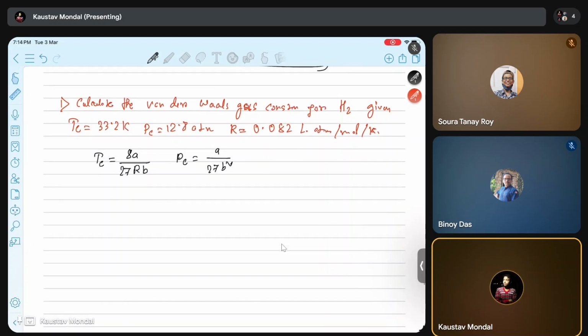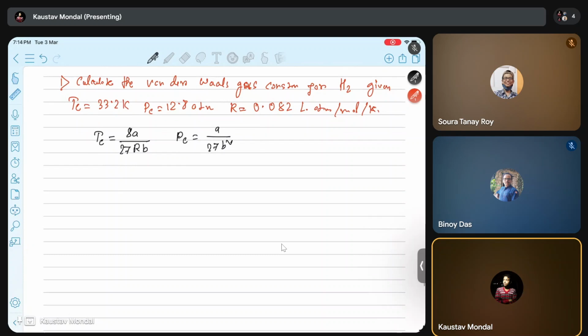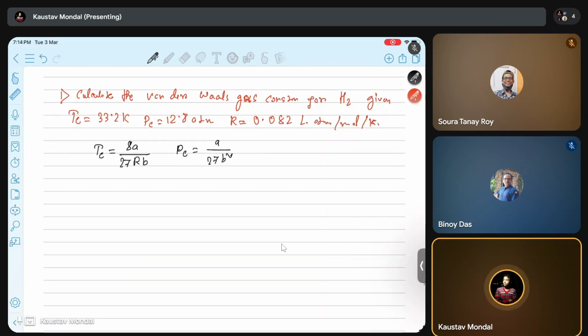Now, to write B in terms of TC and PC, since VC is not given, you have to use TC and PC, right?